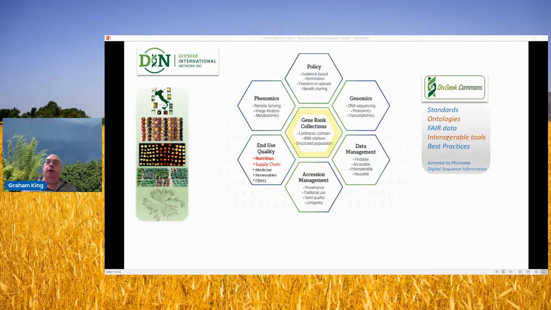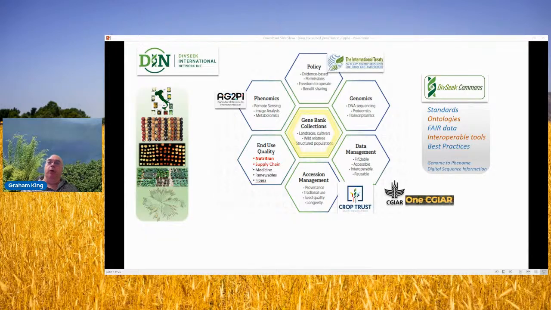So we're focusing in this new initiative called DivSEEK Commons on bringing together various aspects of standards and ontologies, with CDNO as an example, and there are other ontologies such as crop ontologies, making data FAIR, in terms of findable, accessible, interoperable, and reusable, and particularly on interoperable tools that allow researchers and others to navigate different sources of data, which is really very challenging at the moment.